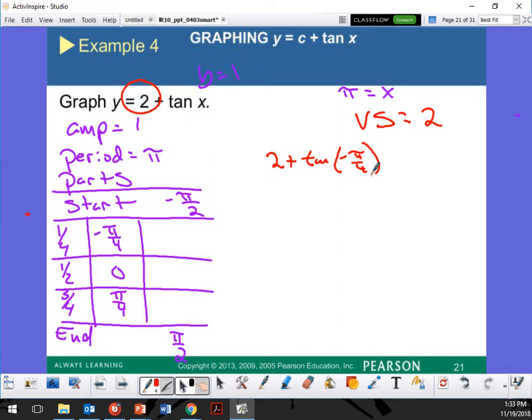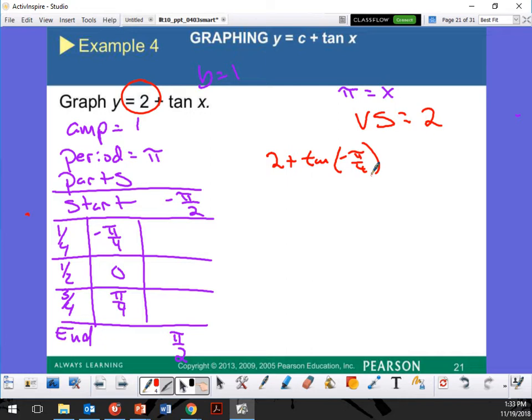Tangent of negative pi over 4 is negative 1.